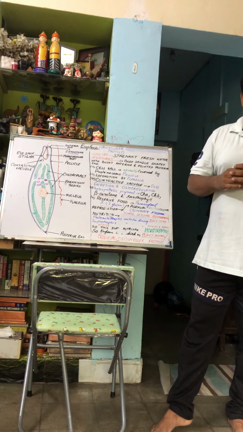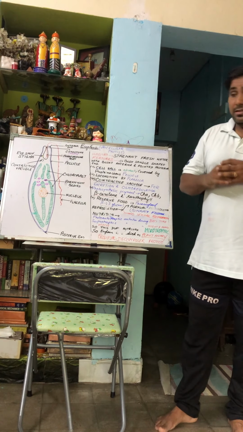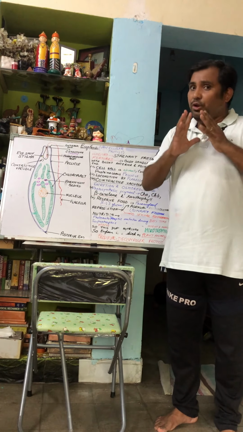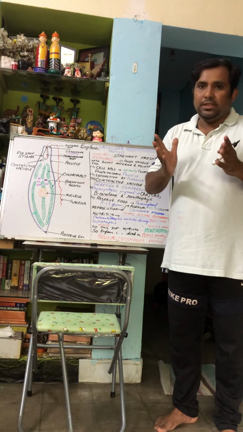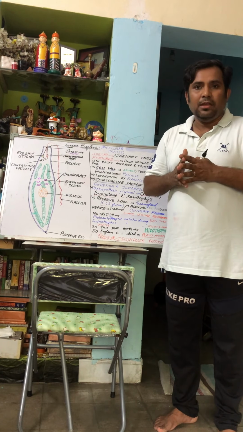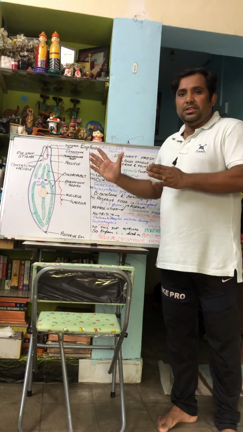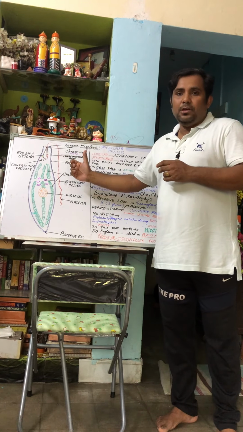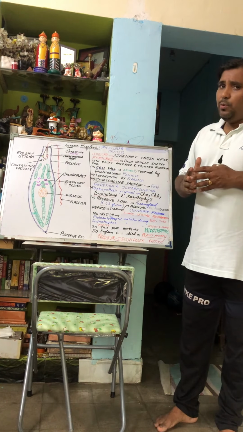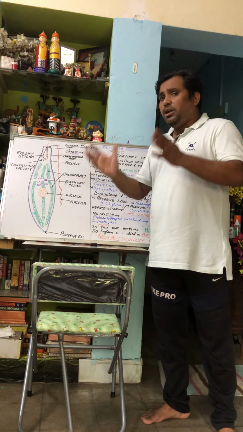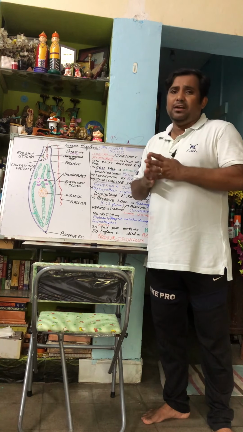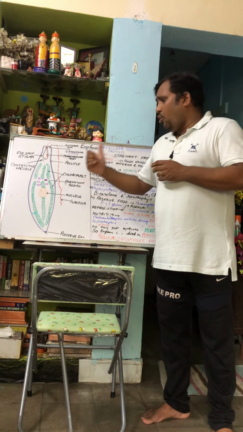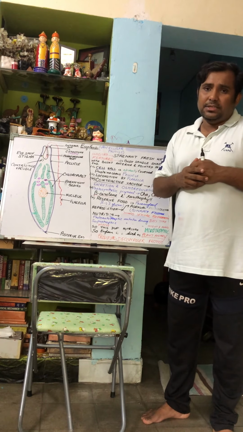As far as nutrition is considered, the main mode of nutrition is photosynthetic, as we have discussed already, and that is oxygenic photosynthesis during the daytime when sunlight is available. But during the night time, when there is no sunlight, or during humid and cloudy weather, it cannot carry out oxygenic photosynthesis.